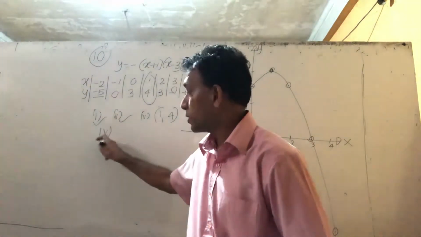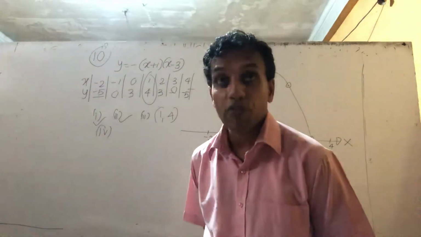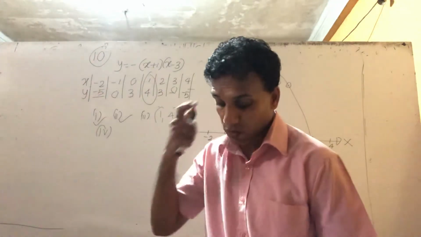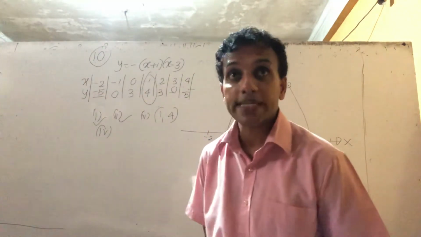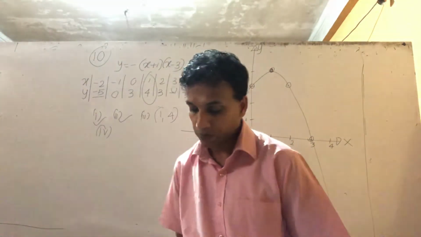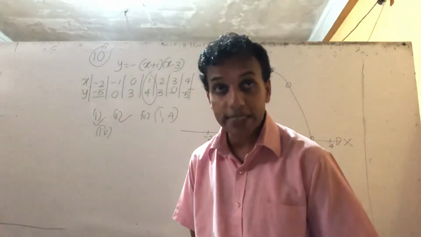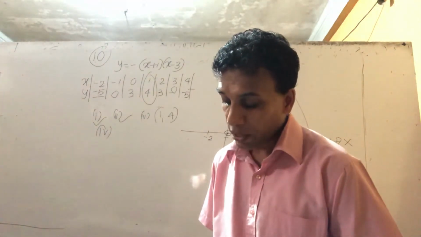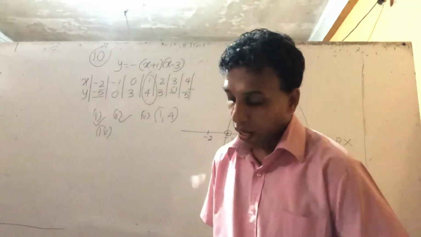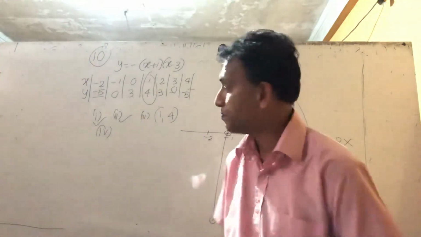Next, fourth part. Obtain the values of x for which y equals 0, and thereby verify that the maximum value is correct.